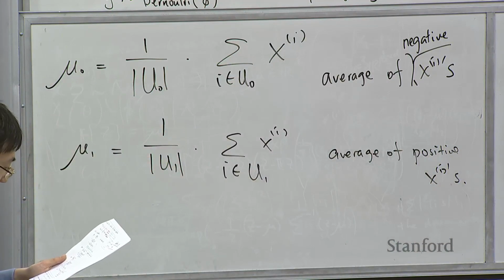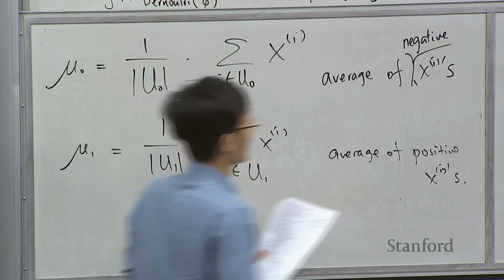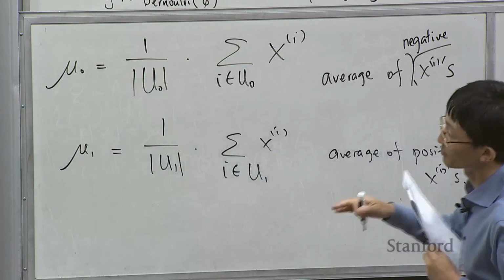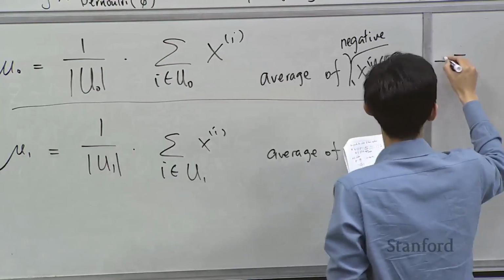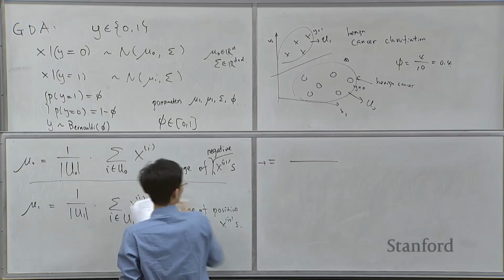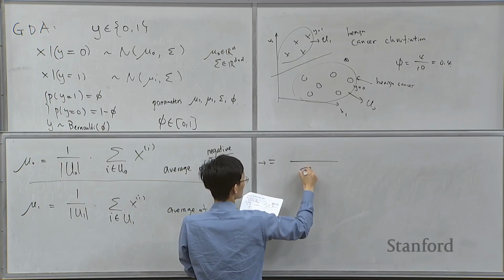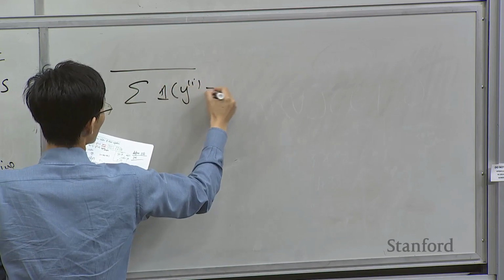Okay, so we're going to write this using the indicator function, in a slightly different way. If you look at this formula, you can write the size of u0 as the sum of the indicator of yi equals 0.